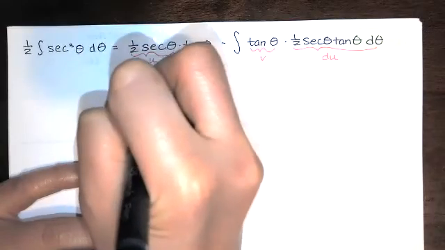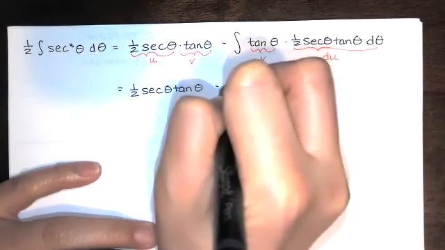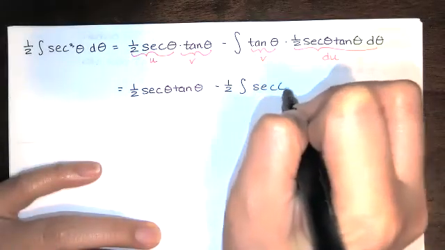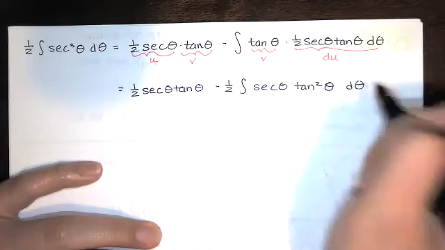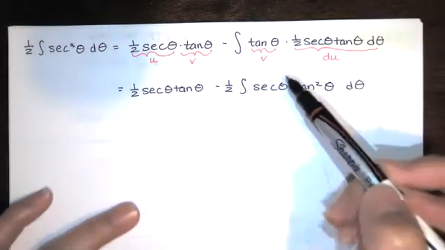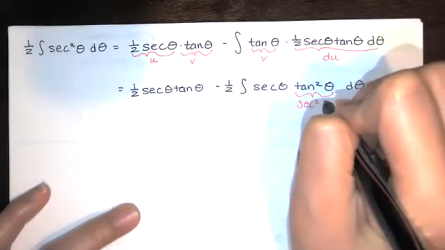And if you look at your Trig Integrals guidelines, they will remind you that over here, when you've got this secant of theta times tangent squared theta d theta, one way that we can evaluate this is we can replace tangent squared with secant squared minus 1.